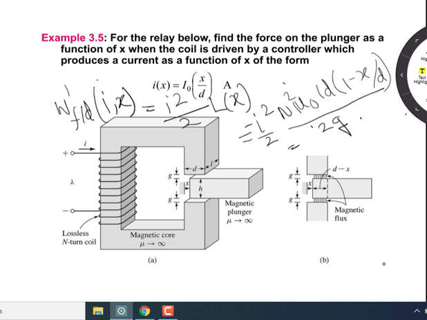Now you can further substitute this i squared.